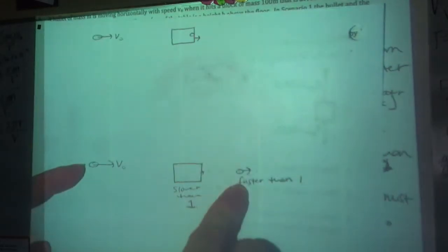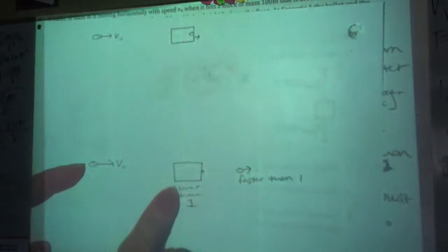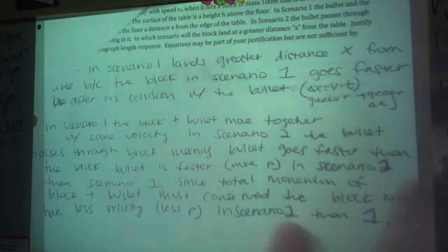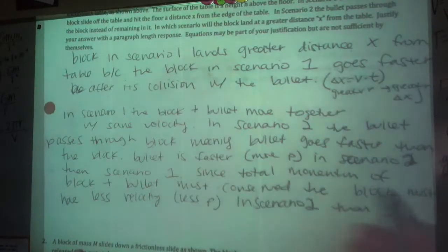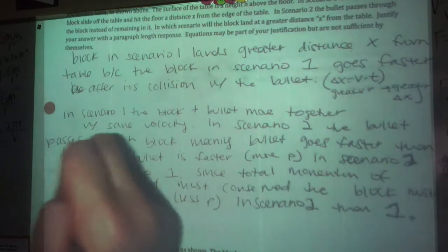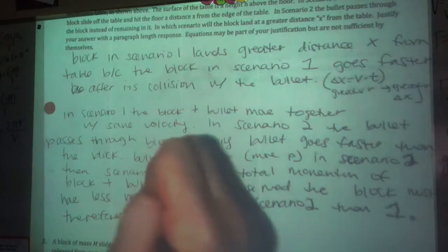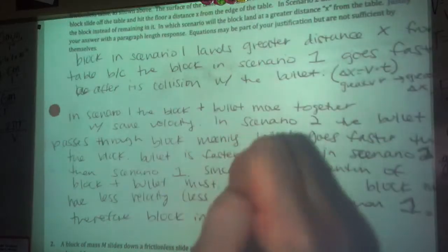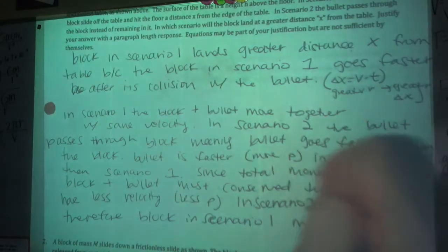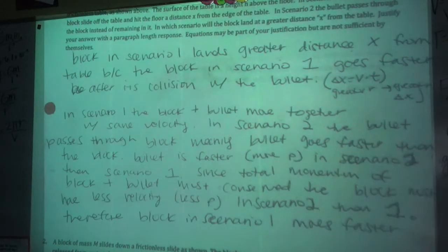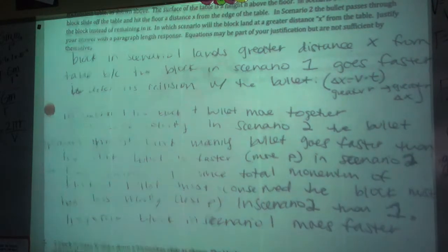If this one is going faster than the bullet here, then the block must be going slower than the block here, which is what we said. The block in scenario 1 would be going faster. And if we said that scenario 2 is going slower, so you could then say, therefore, the block in scenario 1 moves faster. Or you could say it with a greater speed, all meaning the same thing.